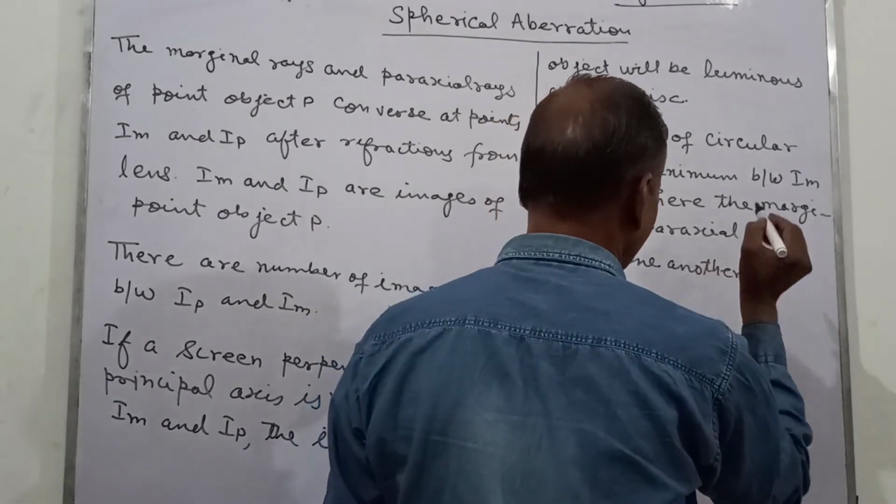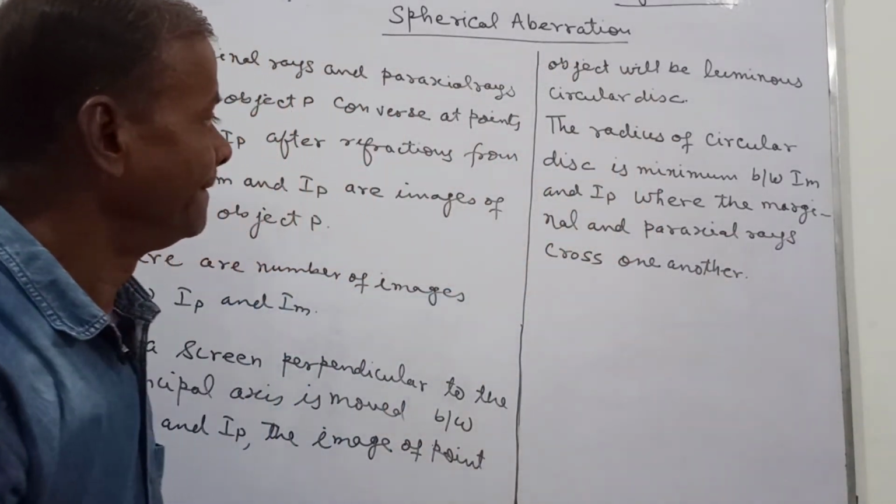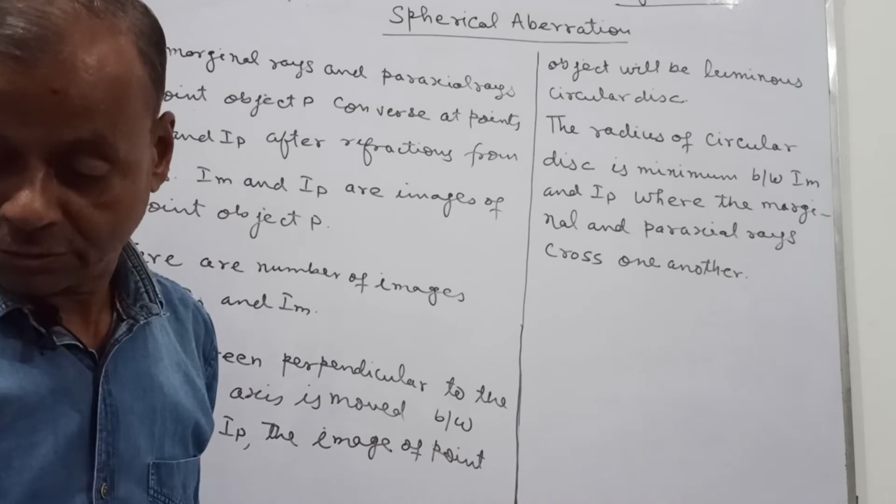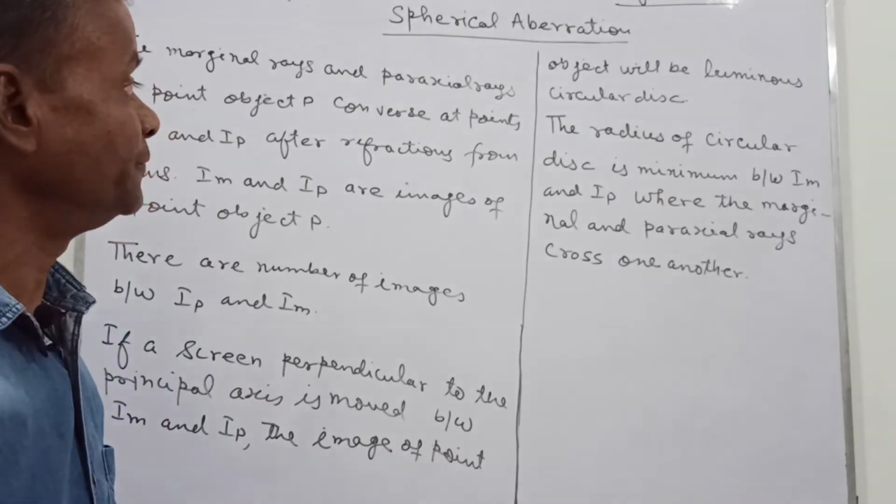Cross one another. Then this is called the circle of least confusion.